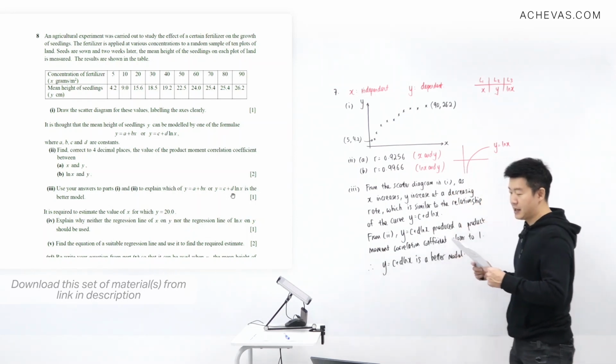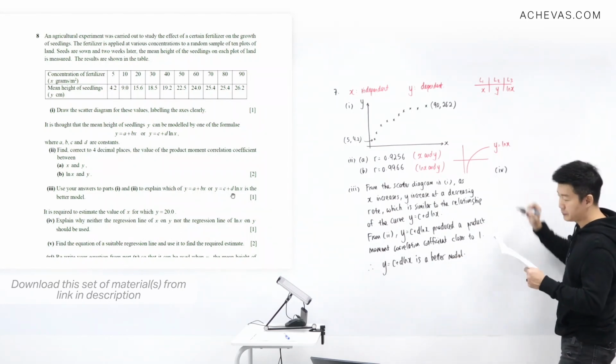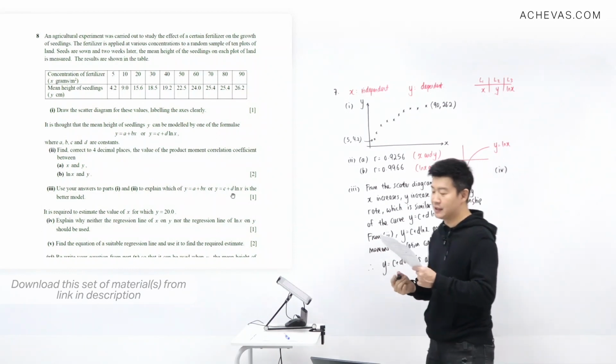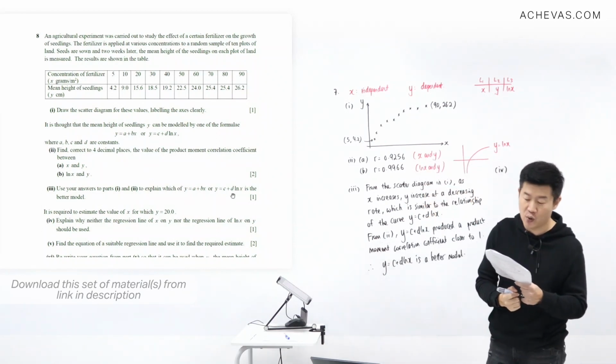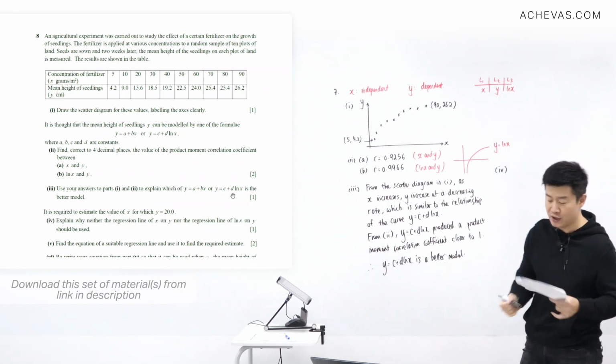And next, part 4. In part 4, explain why neither the regression line of x on y nor the regression line of ln x on y should be used.